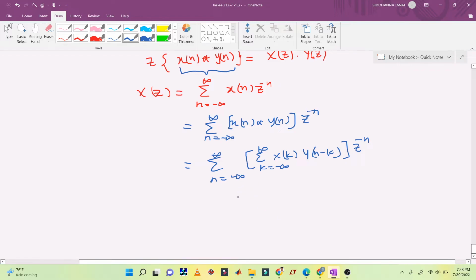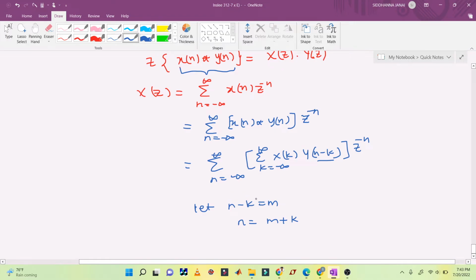Now n minus k is there. Let me replace this n minus k by m. Let n minus k equal to m. That means n is equal to m plus k. Correct? And we no need to change the limits.